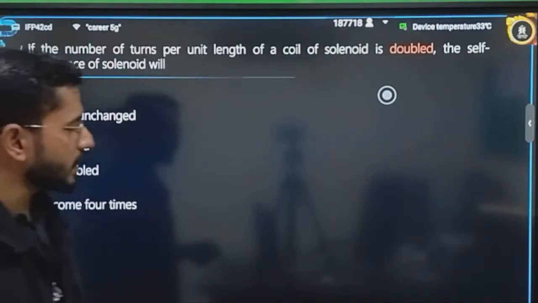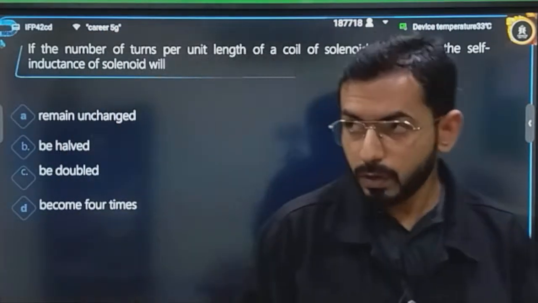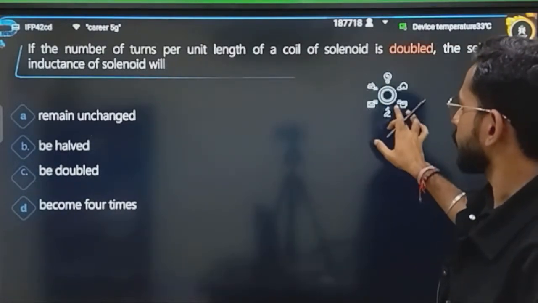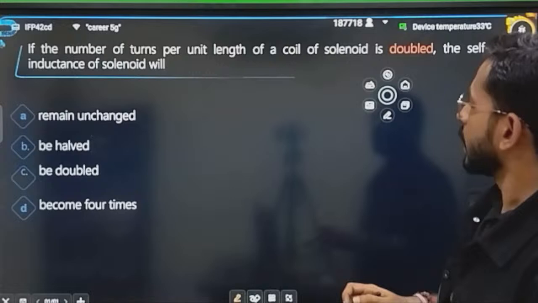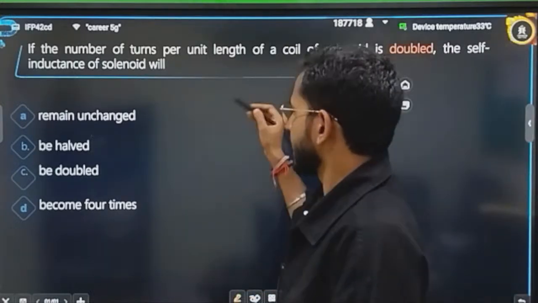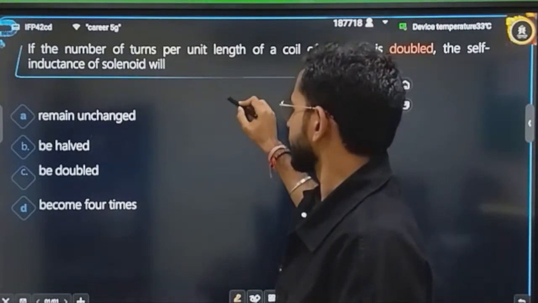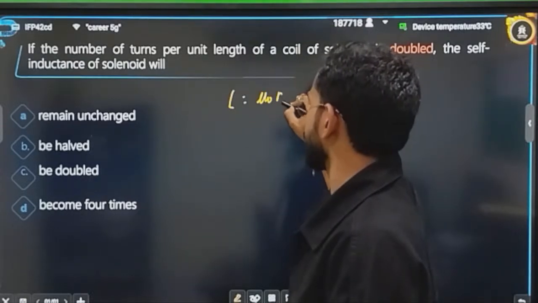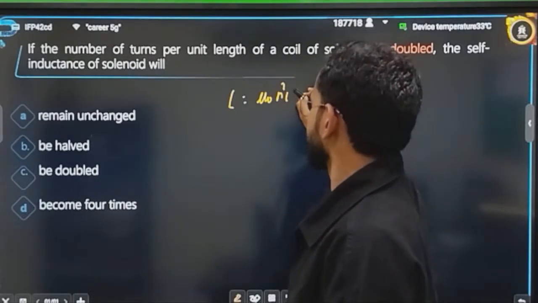Okay, so let's see what the question is saying. If the number of turns per unit length of a coil of solenoid is doubled, the self inductance of the solenoid. It is a proportional question. You have seen L was equal to mu naught n square into pi r square into l.